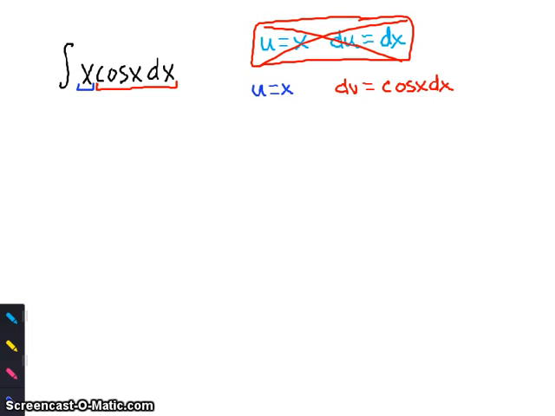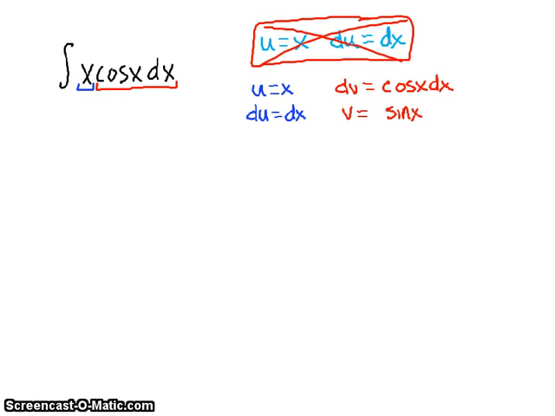We need a u, a du, a v, and a dv. If u is x, du is dx, just take the derivative. And to go from dv to v, we need to antidifferentiate. The antiderivative of cosine is sine.